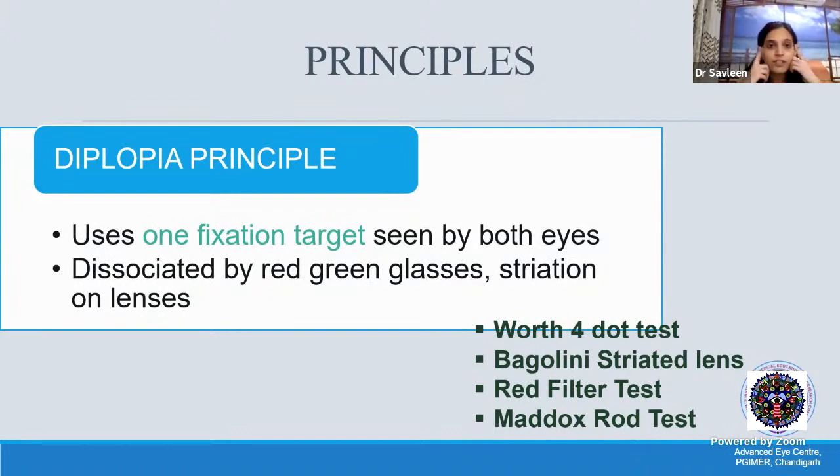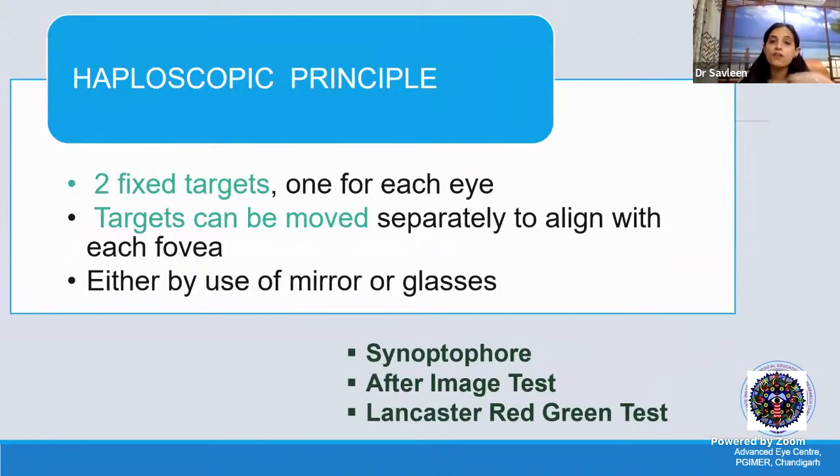Now, the two eyes are being used simultaneously, but for testing binocular vision, you don't want the two eyes to be used simultaneously. That is, you are dissociating by the use of red-green glasses and giving one target at the same time. For haploscopic principles, you try to give two targets, one for each eye, and the targets can be moved.